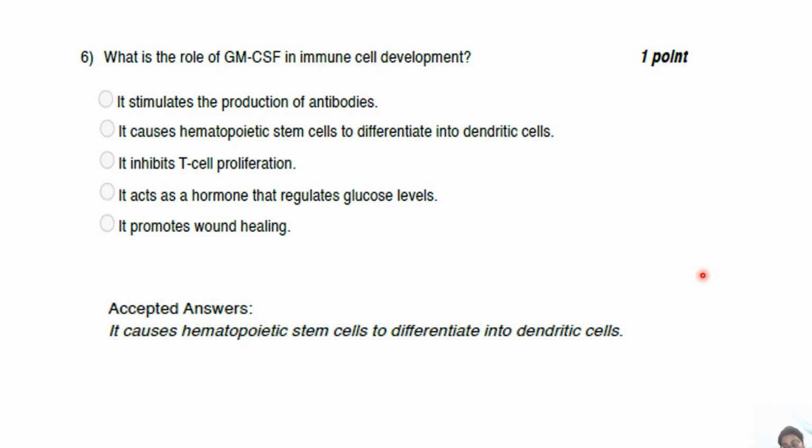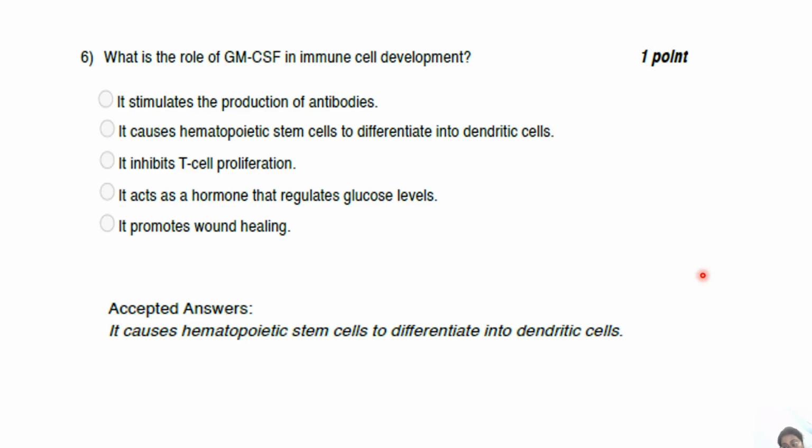development. It primarily acts on hematopoietic stem and progenitor cells in the bone marrow. It stimulates differentiation of progenitor cells into granulocytes like neutrophils and eosinophils, monocytes or macrophages, and dendritic cells, especially important for antigen presentation. It enhances survival, proliferation, and activation of these immune cells.